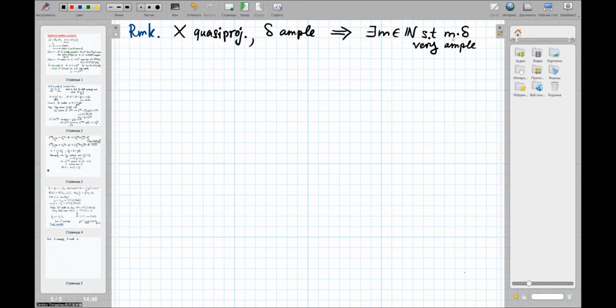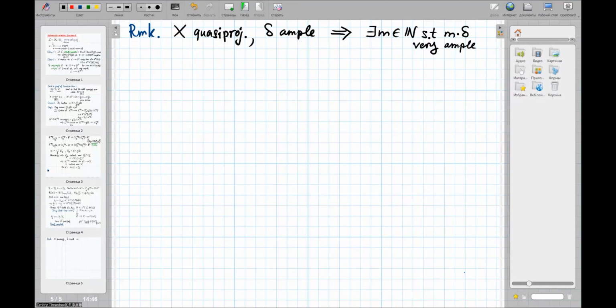It is even very ample. If you consider the projective embedding of X and take the divisor corresponding to the hyperplane section, it is even very ample. But in particular, it is ample. So very ample is a stronger condition than ampleness.